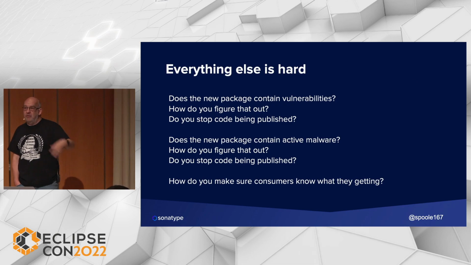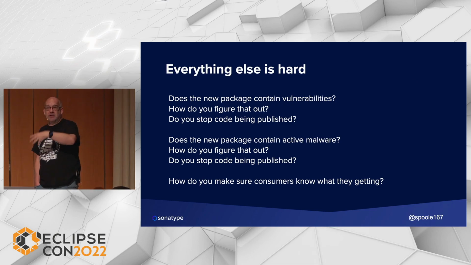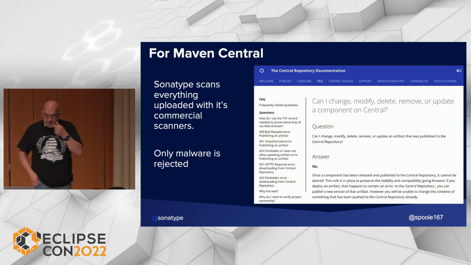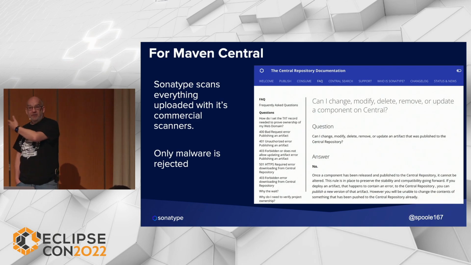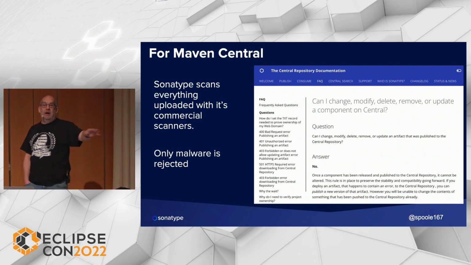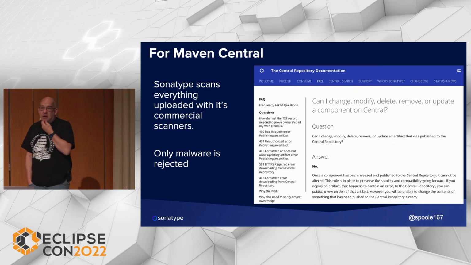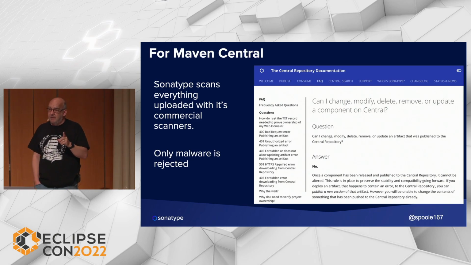But we're putting all this effort to make sure that what gets published to Maven Central is as safe as we can make it, right? So Sonatype has a whole bunch of commercial tools, which I think, even as a developer advocate, I will tell you they're good stuff, and that stuff is applied to all the code that you're uploading, right? And only malware gets rejected.